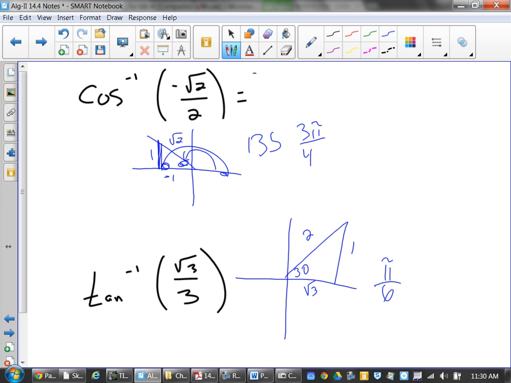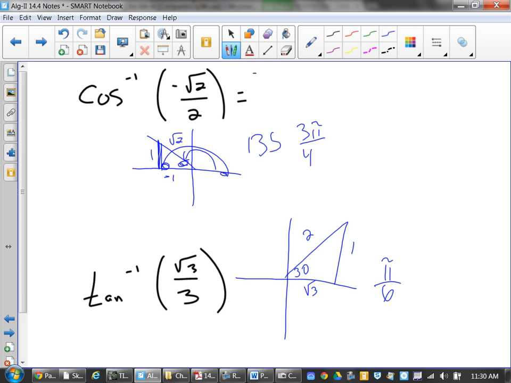All right. Now, what happens here is that there are going to be more than one angle that will have the tangent value of root 3 over 3. There's another angle that has the cosine value of negative root 2 over 2. What we've been doing is finding them off a standard position.